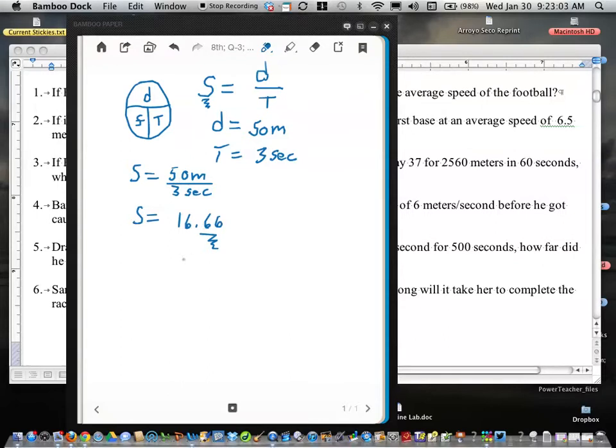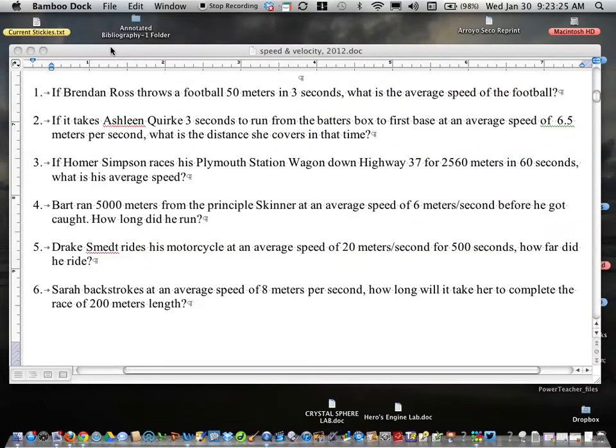What I can do, however, is round it to 17 meters per second. And don't forget to write the S equals, put a box around it, and you are now done with that problem. And that's how you do it.